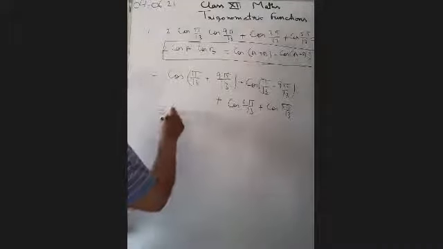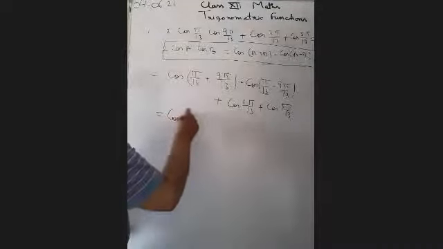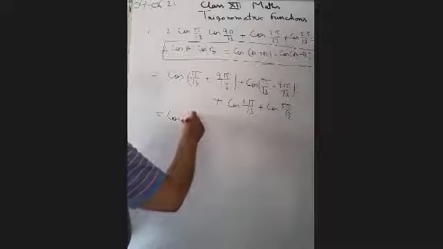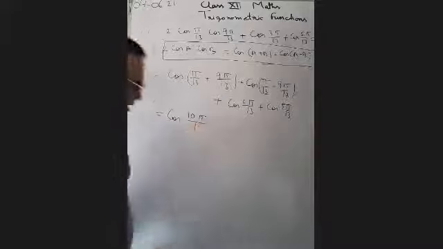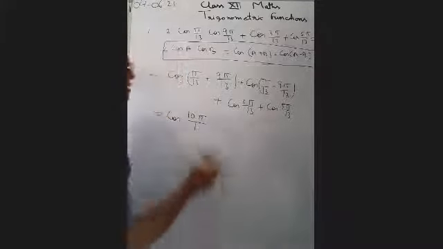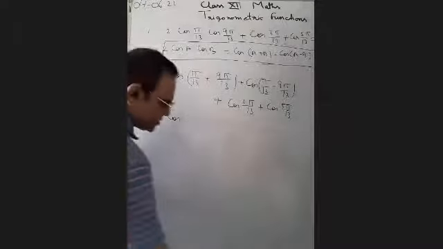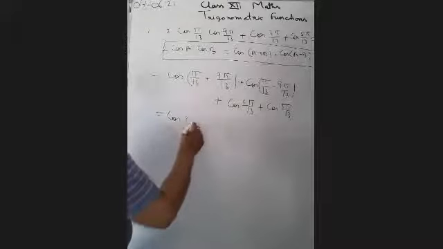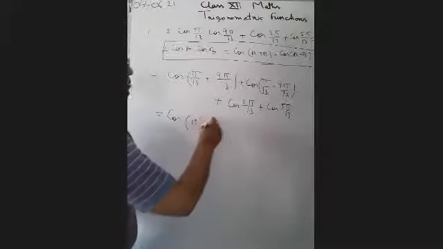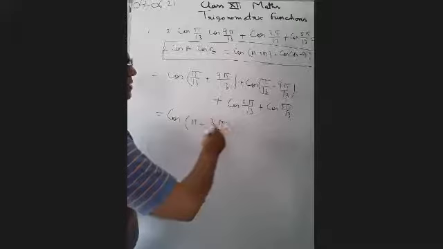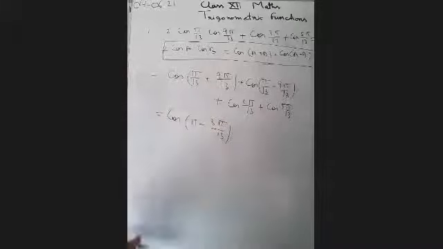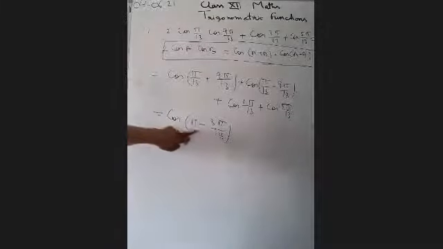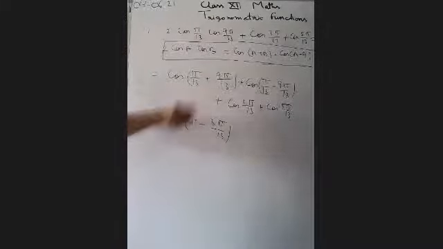If we add, we will get cos 10 pi by 13. We can write 10 pi by 13 as pi minus 3 pi by 13, because the sum is 10 pi by 13, so 13 pi minus 3 pi will be equal to 10 pi.